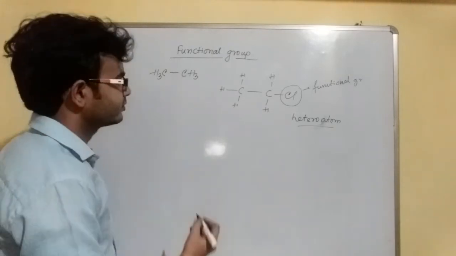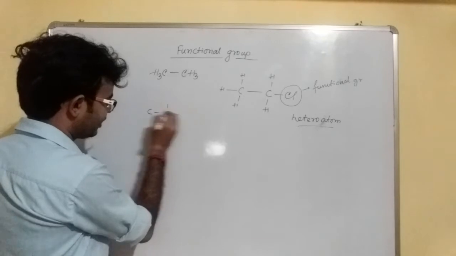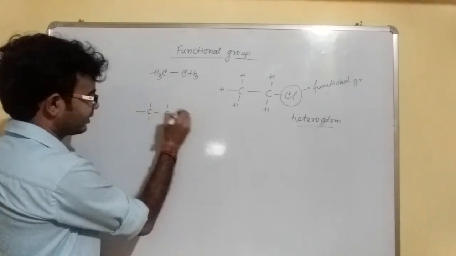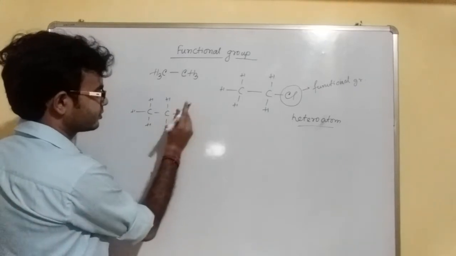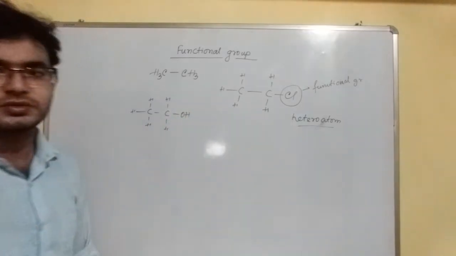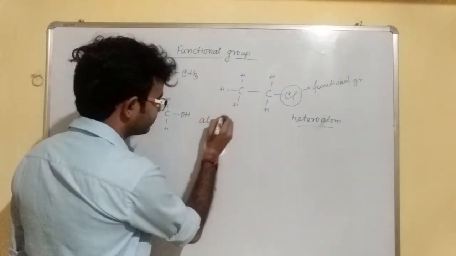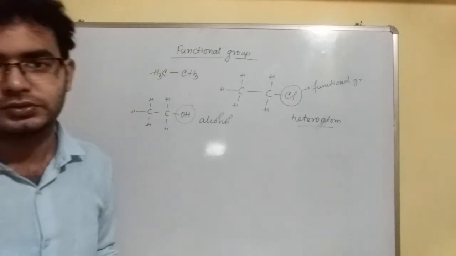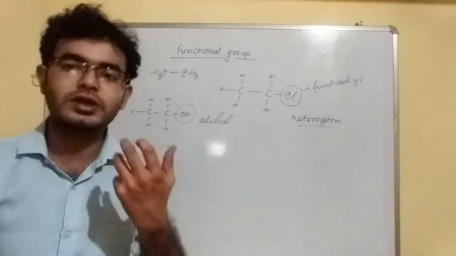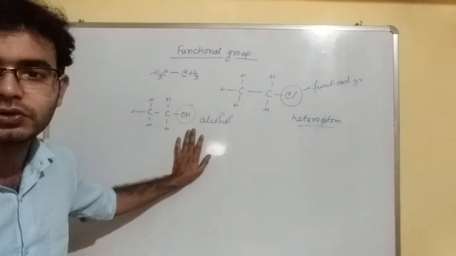Suppose one of the hydrogens is displaced by OH, then this compound is called alcohol. So OH is the functional group of alcohol. This compound shows the character of alcohol.